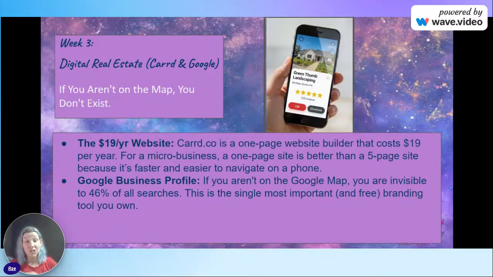A one-page site is faster and easier to navigate on a phone. For micro businesses, especially in an economically disadvantaged area where every impression counts, a clean, fast, single-page website beats out the clunky 5-page website every single time.